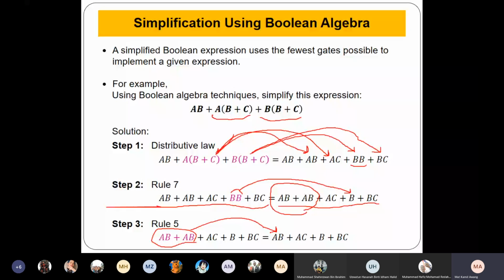Now we reduce further. From here we have 5 terms. For this part, instead of 1 gate, now you don't have any gates, just input. So now you reduce to 4 terms: A plus AC plus B plus BC.